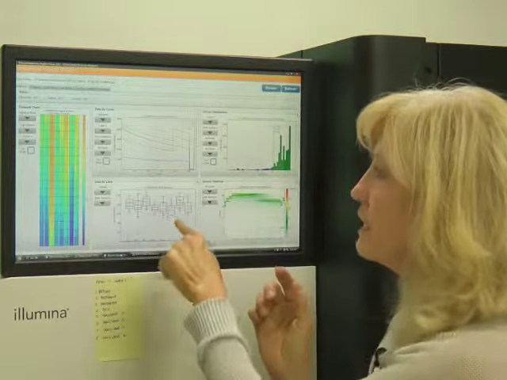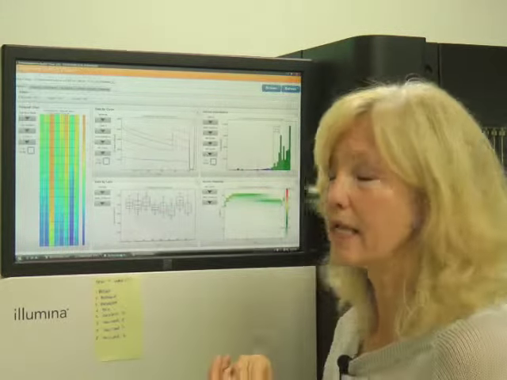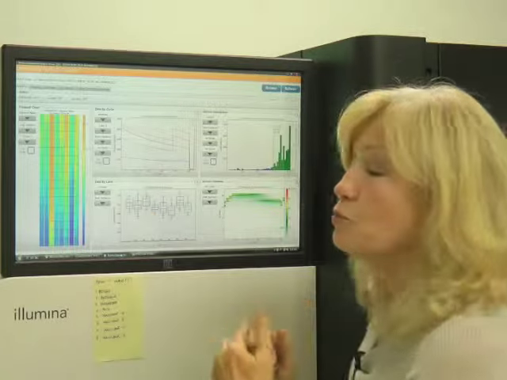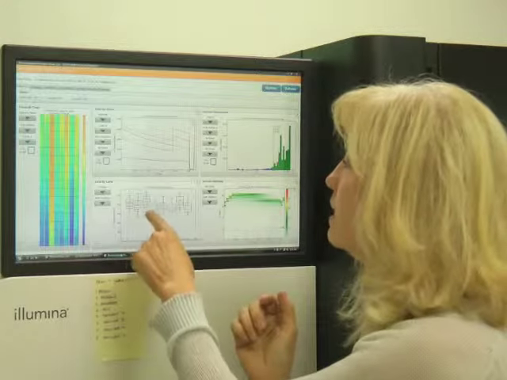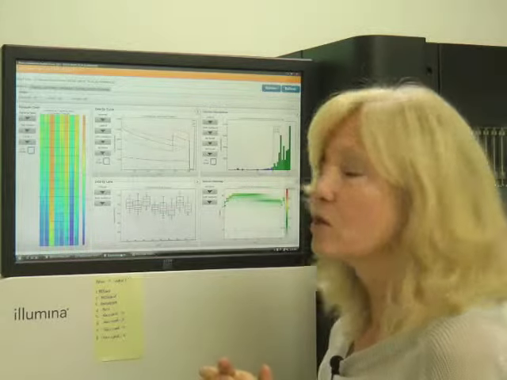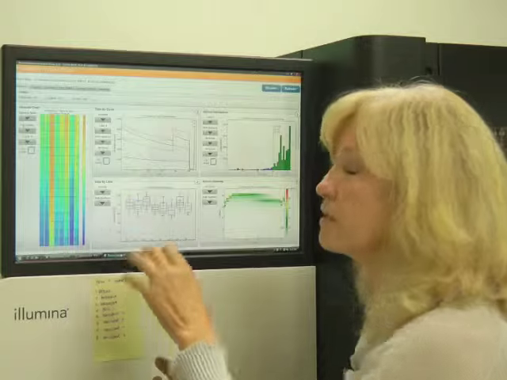Down here in this lane, we're actually looking at cluster density across all 8 lanes. The blue boxes represent the total number of clusters, along with plus or minus in an average, from lane 1 all the way to lane 8. What you see in the green boxes are the clusters that we consider to pass filter.